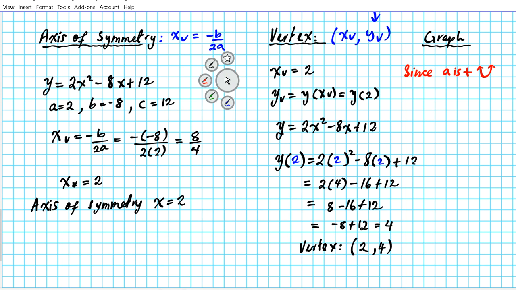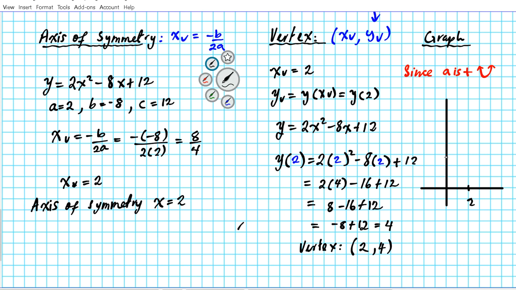Now our vertex is 2, 4, which is in quadrant number 1, because we're going to go to the right 2 units and up 4. Let's sketch that. Remember, this is not a precise graph, it's just a rough sketch. So we have 2, 4.